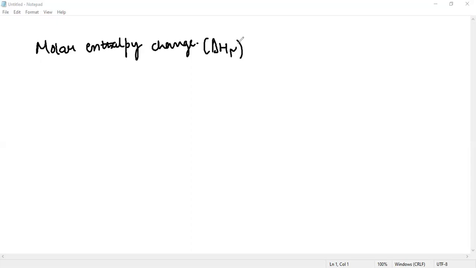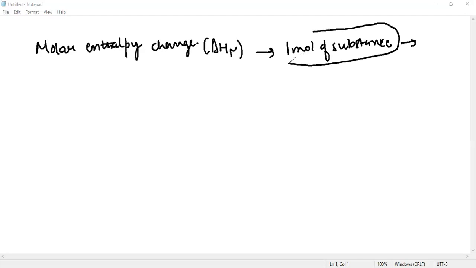The molar enthalpy change of a reaction for a substance is the energy change that occurs when 1 mole of substance undergoes physical, chemical, or nuclear change. So essentially we limit the quantity of substance.